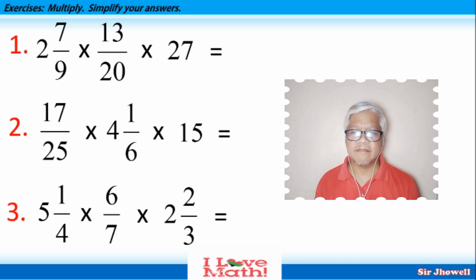So, yun lang. Tatandaan lang, mixed number gagawing improper fraction, then whole number lalagyan ng denominator 1 and then apply cancellation method. By the way, bago nyo i-multiply ang numerators at saka denominators, see to it na yung patterns ay na-double check nyo. Ayos?